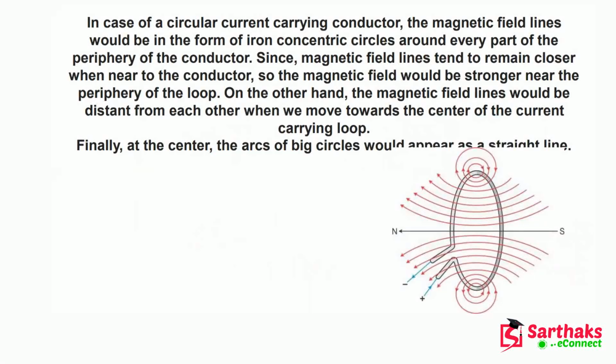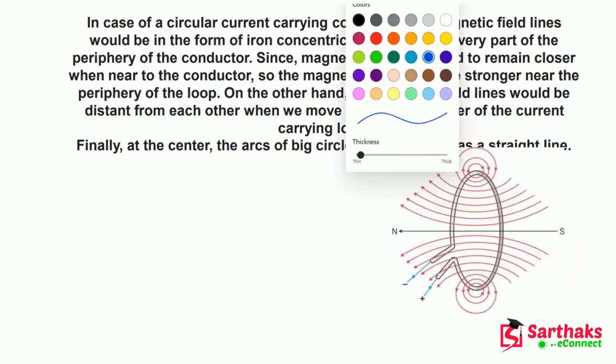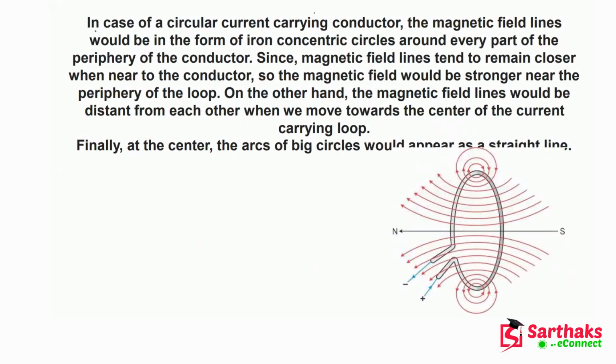Okay guys, so here we will see that in the case of a circular current carrying conductor, the magnetic field lines will be in the form of concentric circles around every part of the periphery of the conductor. You can see that in each part you will see magnetic field lines.